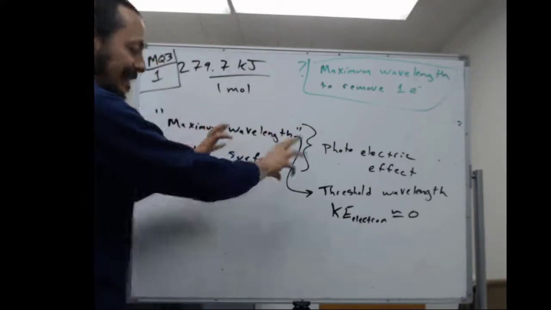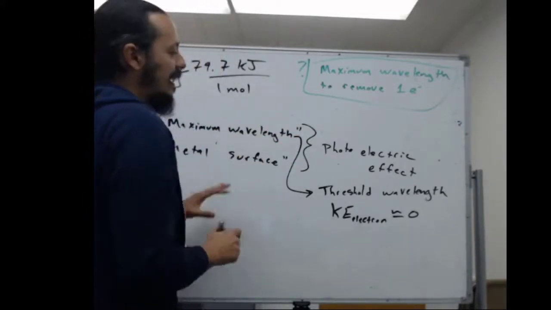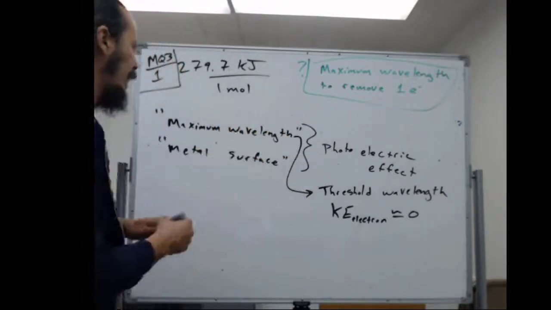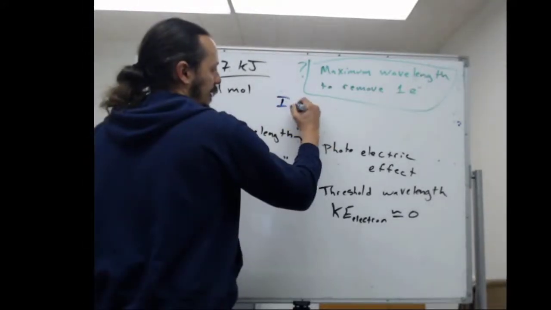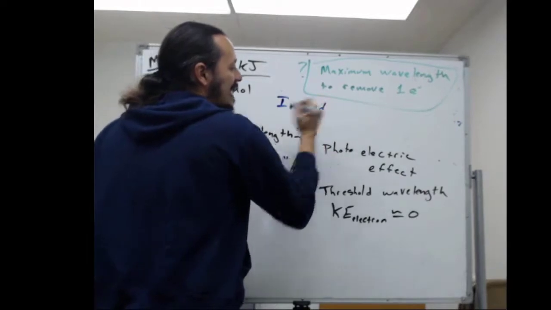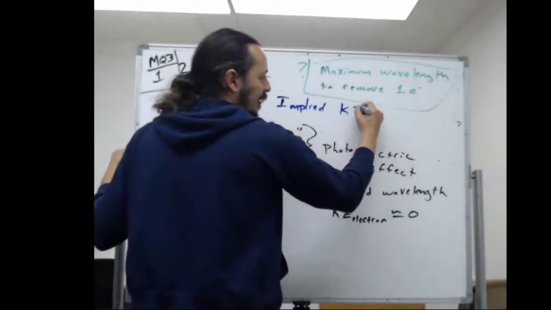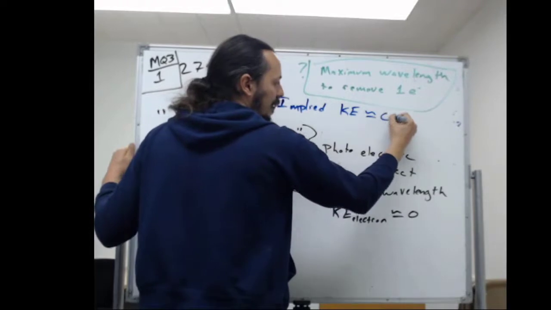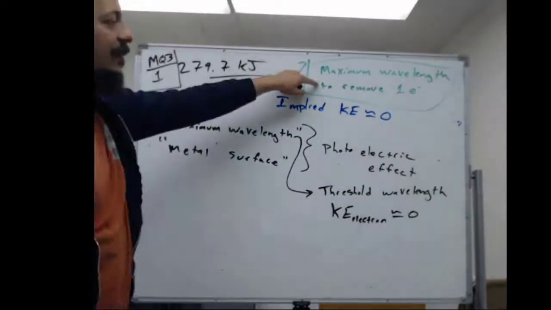So the conceptual work is the implied information. That's the hidden information inside of the problem. This is the explicit, this is what it's asking for.